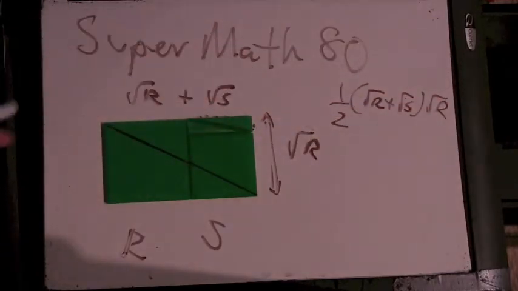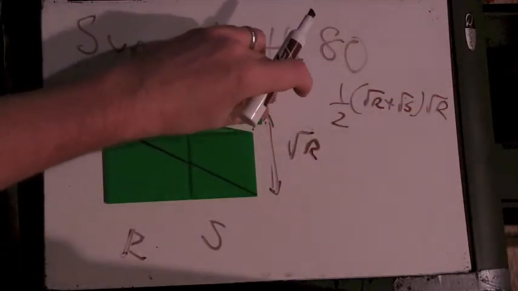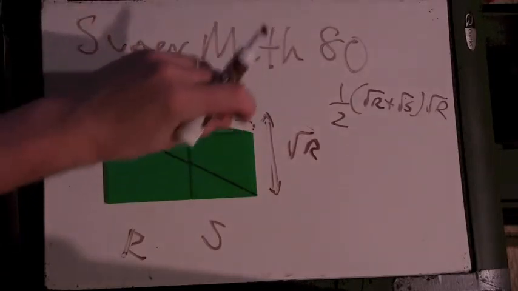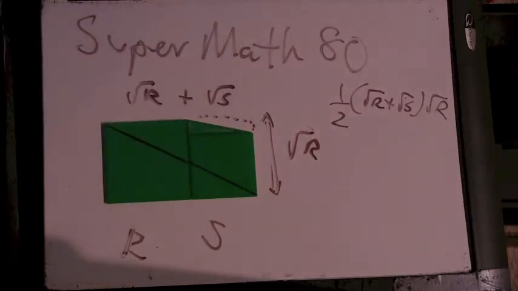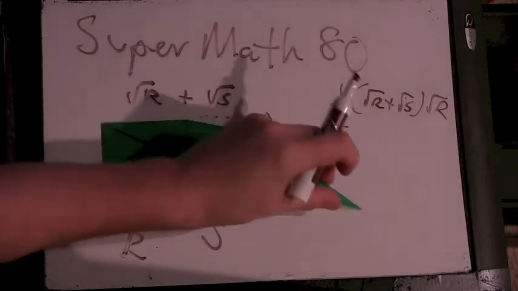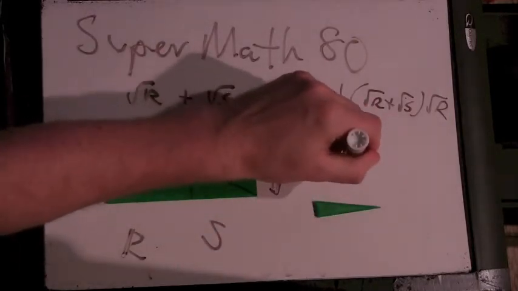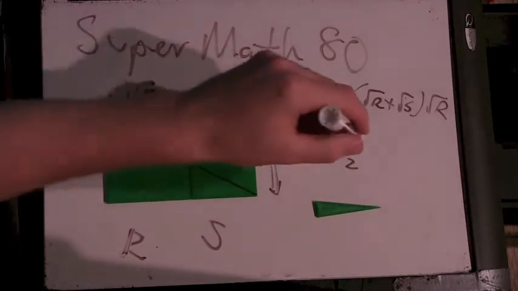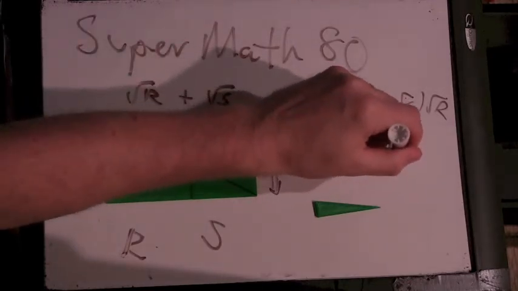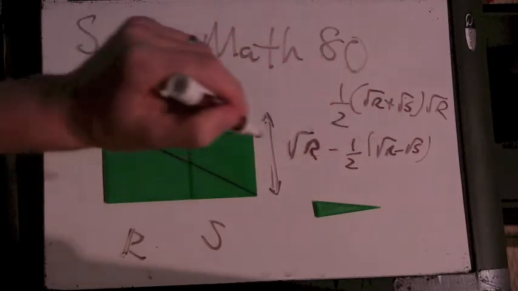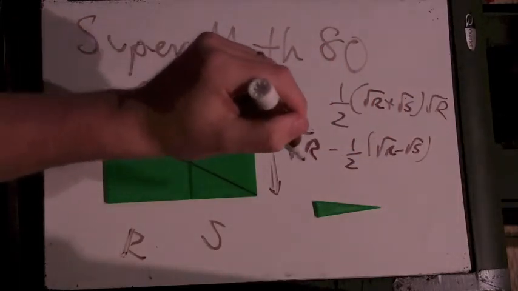Now, remember that this triangle wasn't part of my original. So we're just trying to find that area. So what do you need to do now? Now I have to do minus 1/2 times the square root of r minus the square root of s. That's the height, and then the base is square root of s.